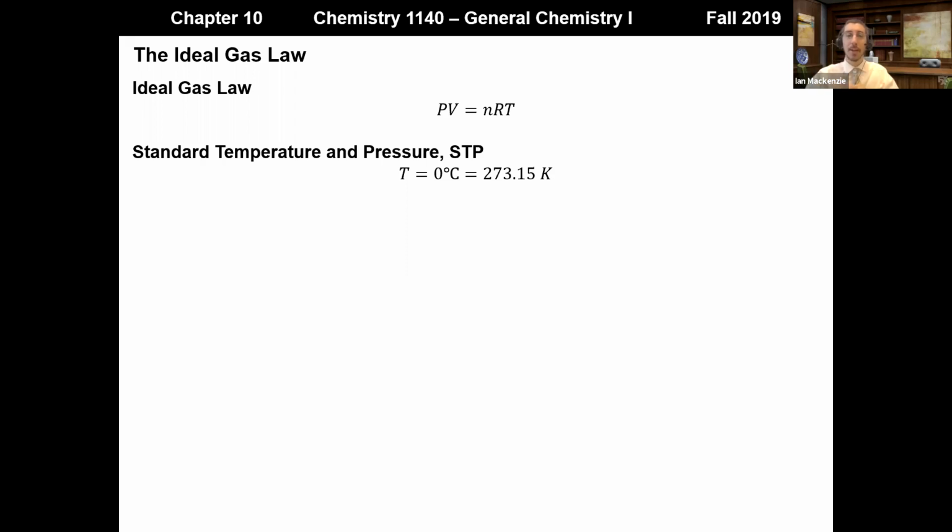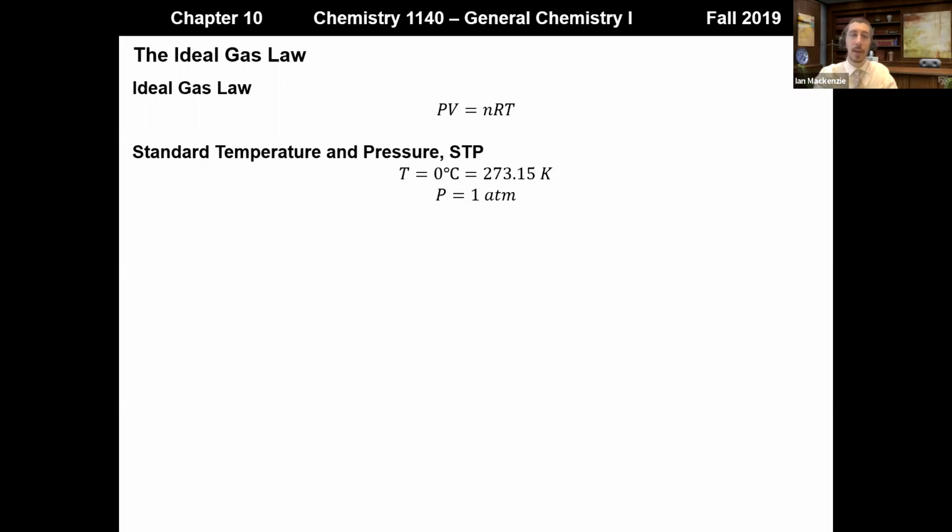True, but all throughout the world, a standard daily temperature, even in Celsius, may vary widely. And so 0 degrees Celsius is a good benchmark for this. Standard pressure is set to be 1 atmosphere. So this is ideal atmospheric pressure at sea level.